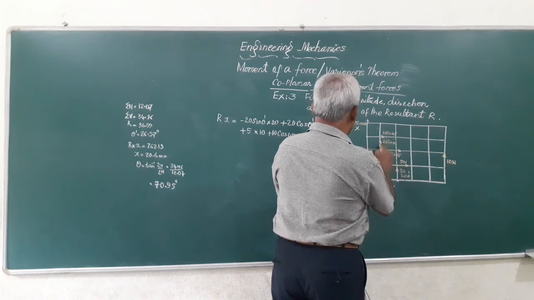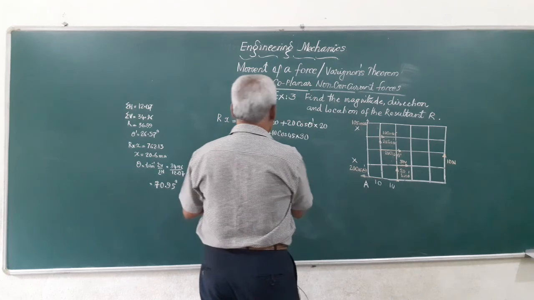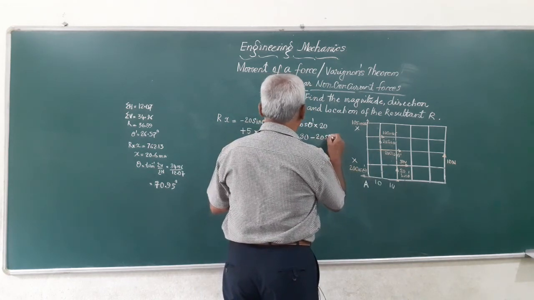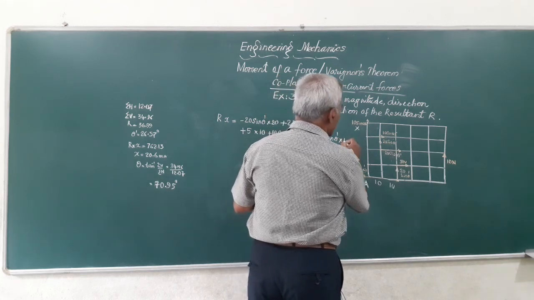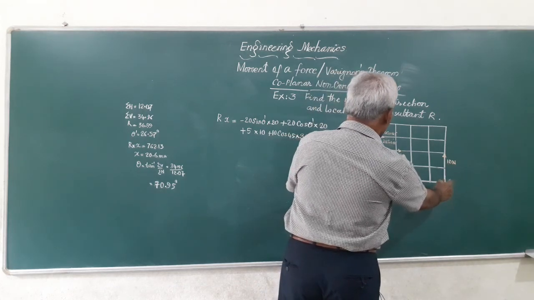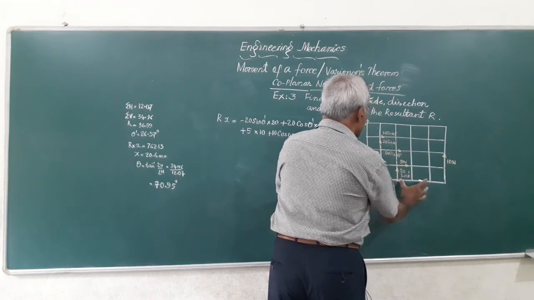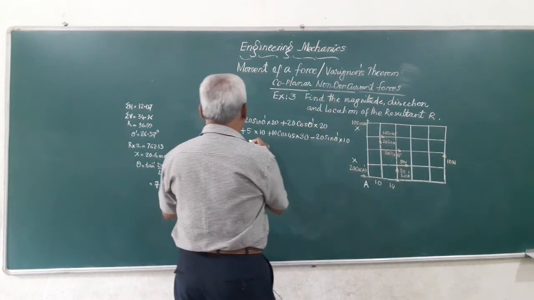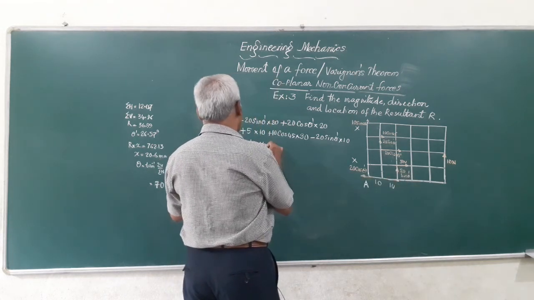Again, this 20 sin theta dash into 10, that is in the anti-clockwise, minus 20 sin theta dash into 10. The distance between that is 4. Then finally we have got this one. This is 10 Newton acting at a distance of 50 units. So plus 10 multiplied by the distance 50 mm.